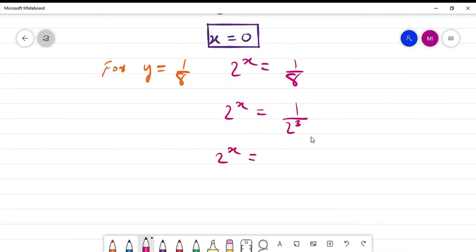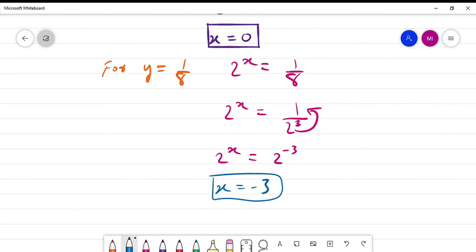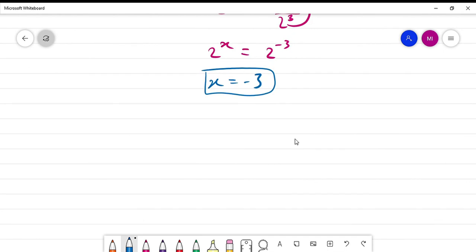So 2 to the power of x is equal to 2 to the power of negative 3, because we sent it up, and so we're reciprocating it. And now, since the bases are equal, x is equal to negative 3. So the solution set for x is 0 and negative 3.